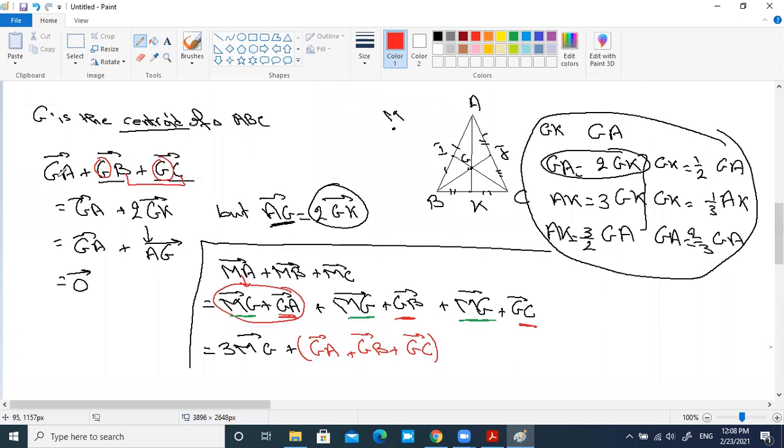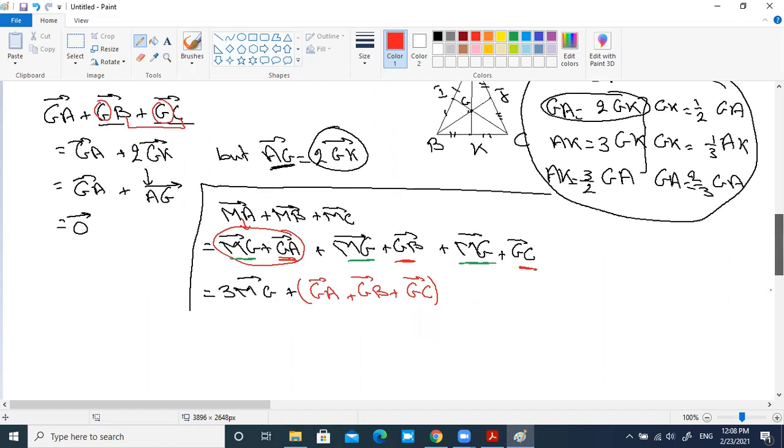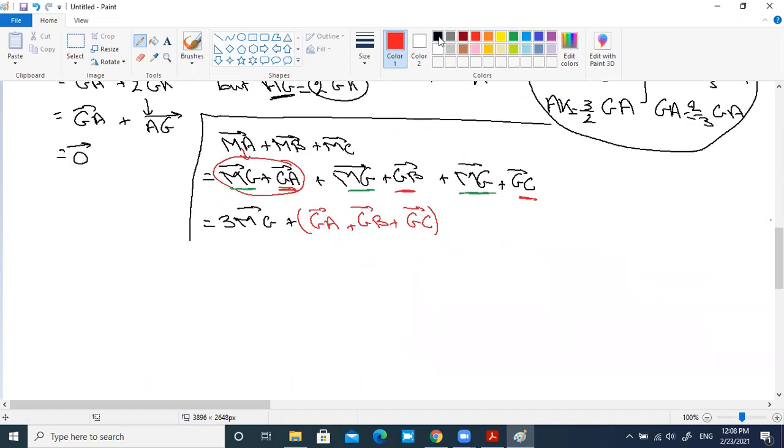We just proved that GA plus GB plus GC equal to 0 because G is a centroid. So the answer will be 3MG plus 0, which is equal to 3MG.